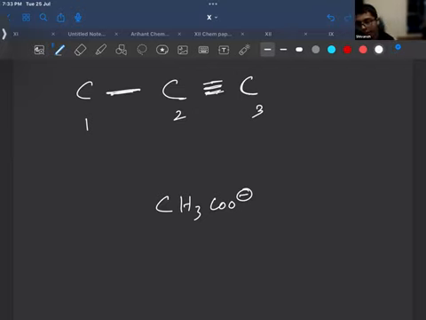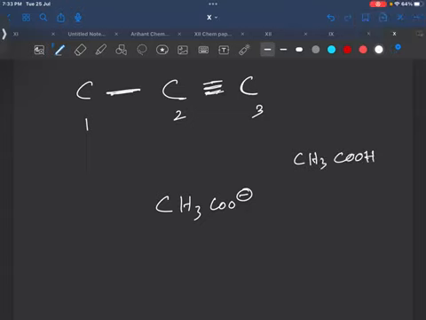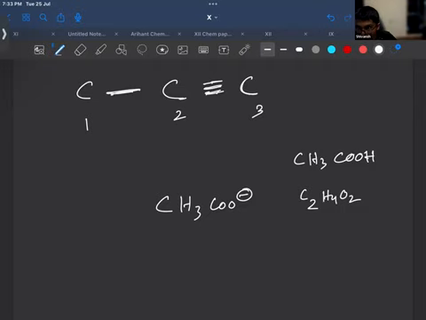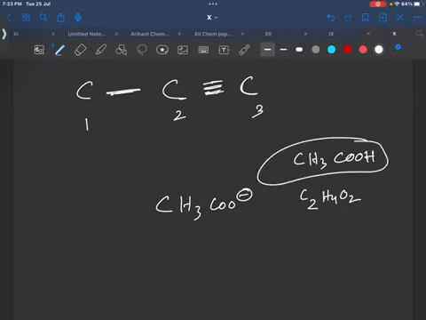So is this why you write acetic acid not as C2H4O something? You write it like this because it's formed this way. No. See, you can write this like this also, C2H4O2. Right? That's what you're saying? Yeah. You can write it like this also. But see, in acetic acid I want to show the functional group. That's why I write it like this. CH3 and the functional group is COOH.